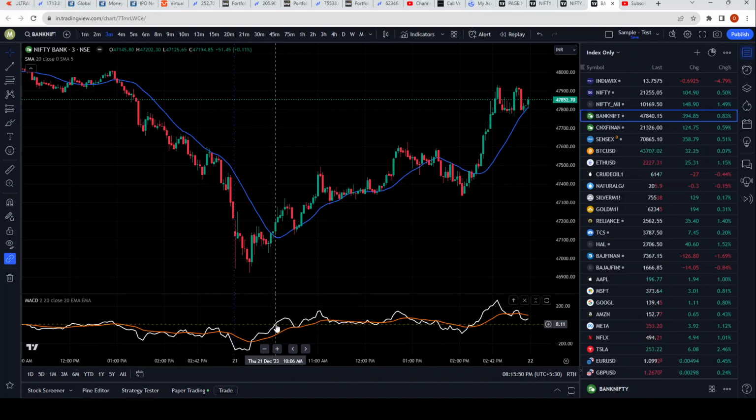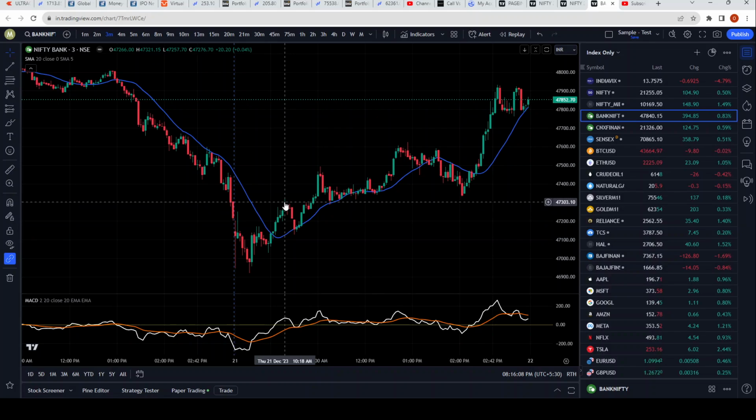So over here, our entry would have been here. If you notice this over here, it is above the orange, it is above the 50% yellow line. Over here, it's above the 20 moving average. Here is where we would have taken the trade, and here is where we would have exited.